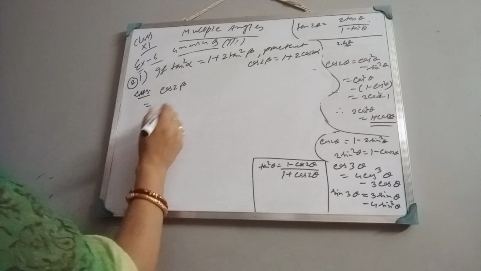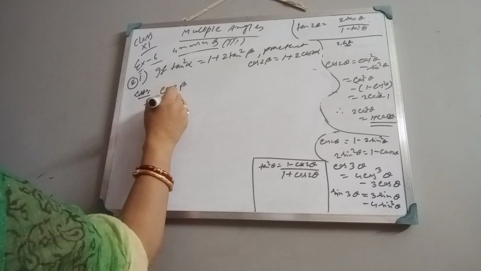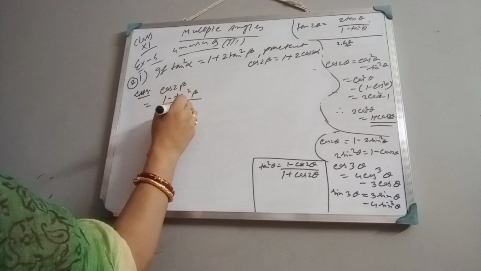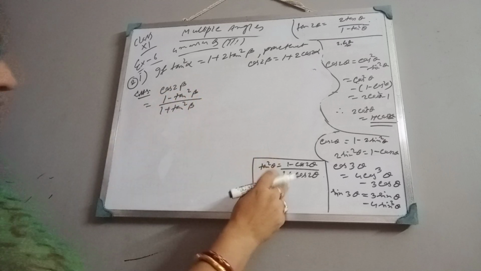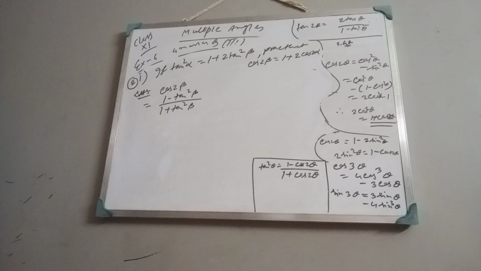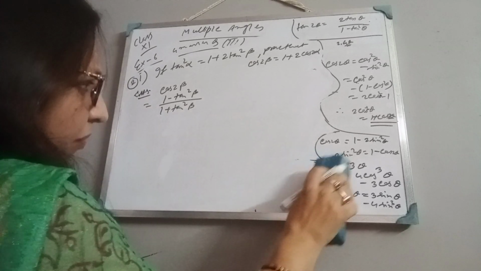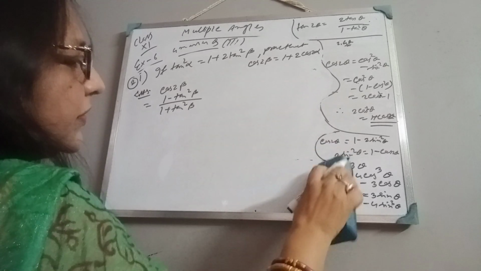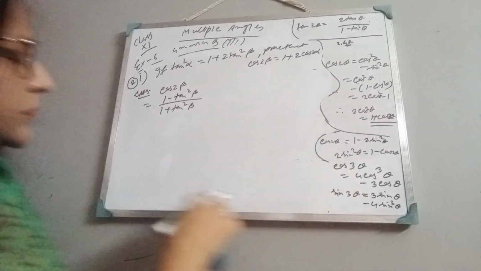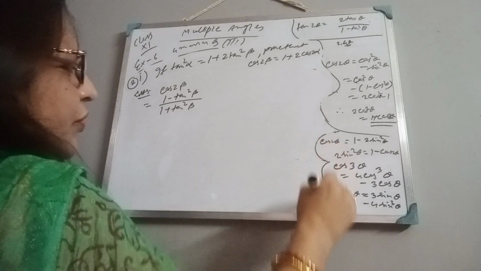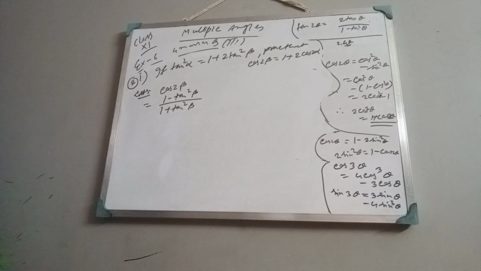So let me write that one first. cos 2β means (1 minus tan² β) by (1 plus tan² β). Right at this moment we don't require this, but from this only we get this formula. That is why I have it.